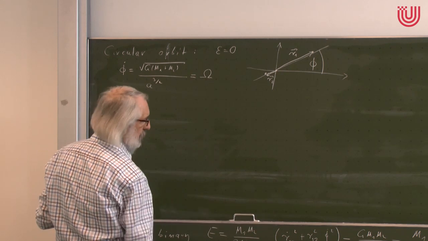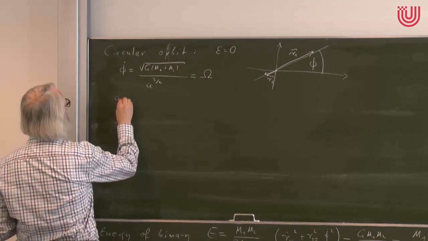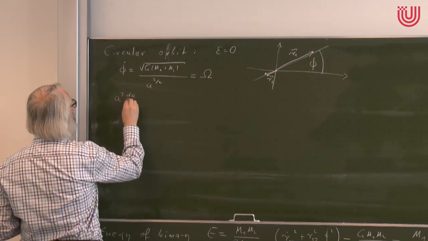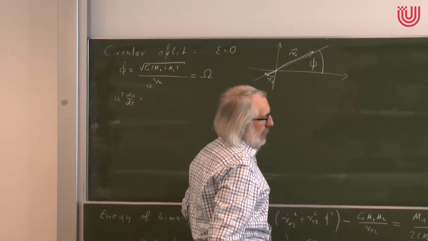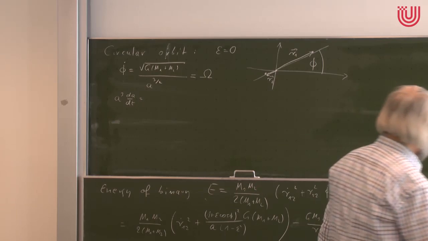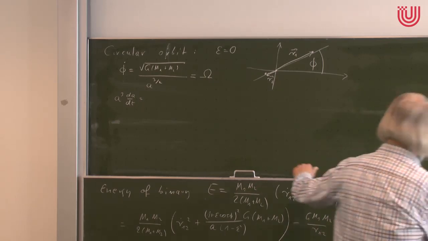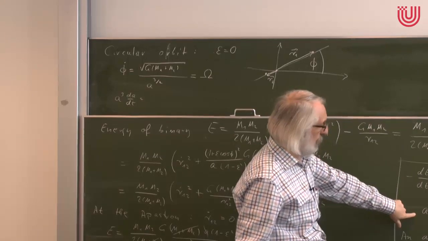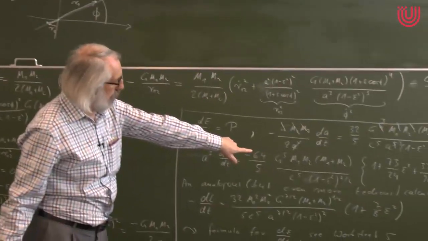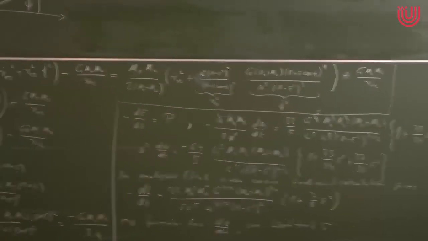And our differential equation for A, it was what? We still have it on the board. The equation which gives us the adiabatic change of the A here. This equation here. If I set epsilon equal to 0, then it simplifies.